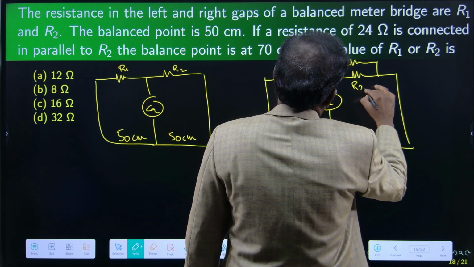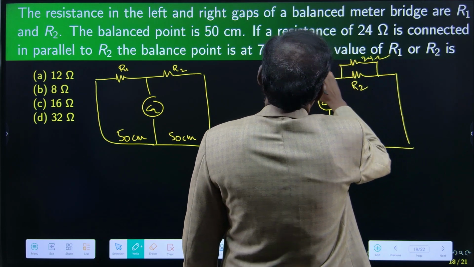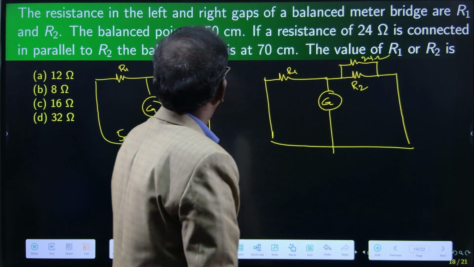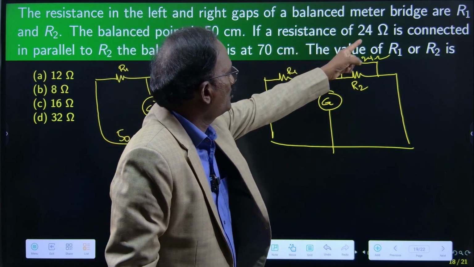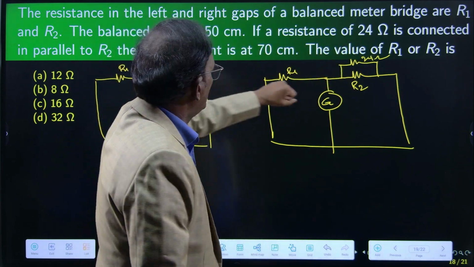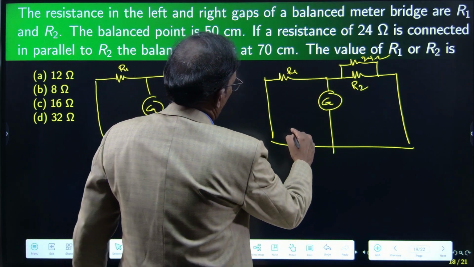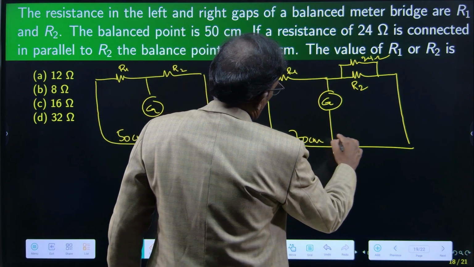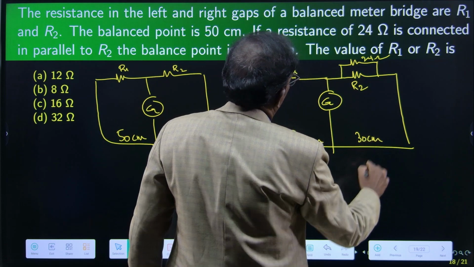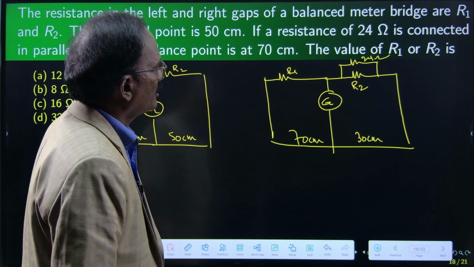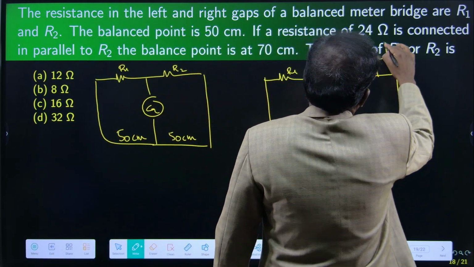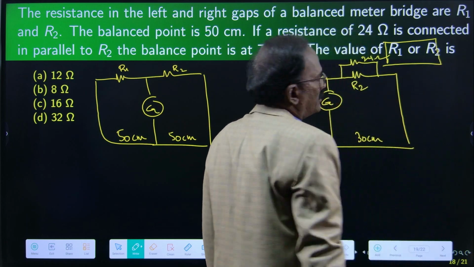If a resistance of 24 ohm is connected in parallel to R2, the balance point is at 70 centimeter, then it must be 30 centimeter on the other side. What is the value of R1 or R2?